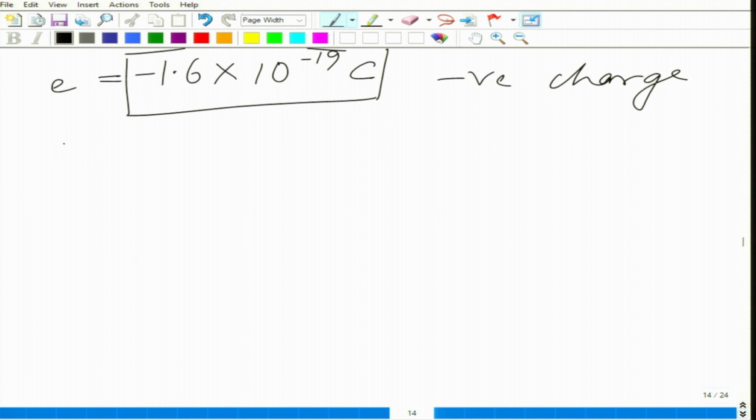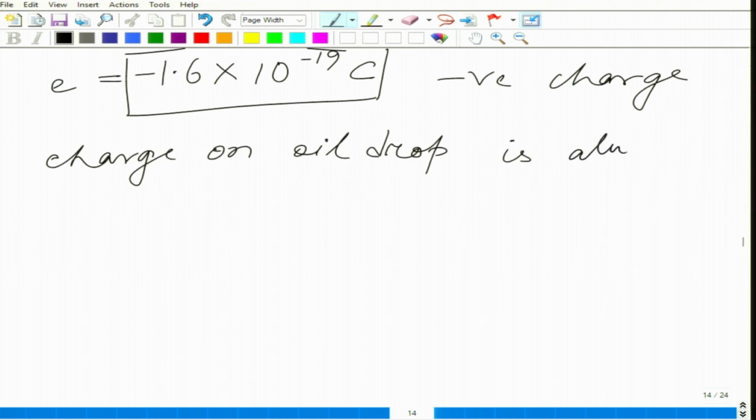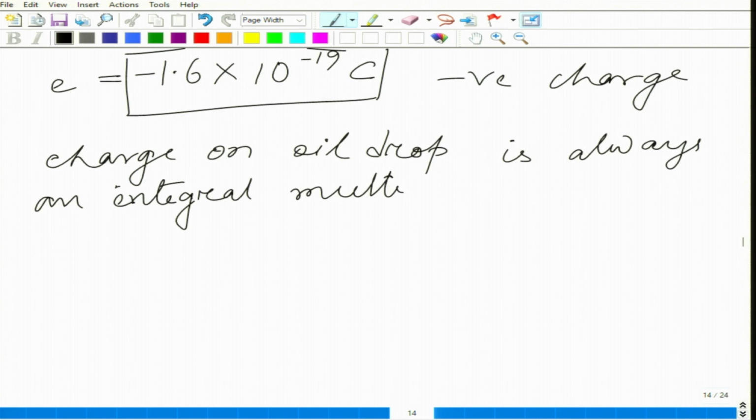It was also concluded that the charge on the oil drop is an integral multiple of the charge of the electron.